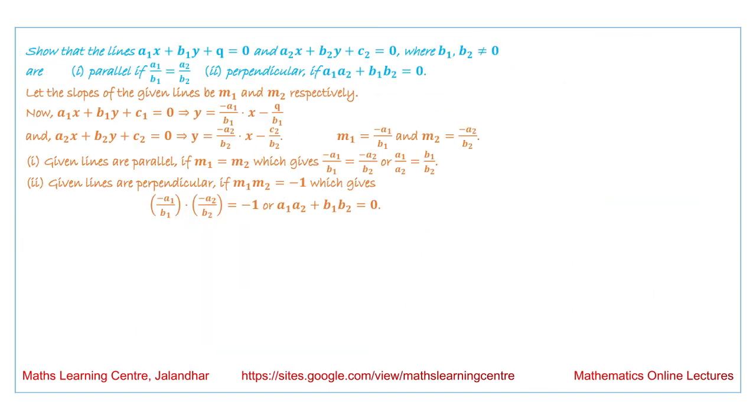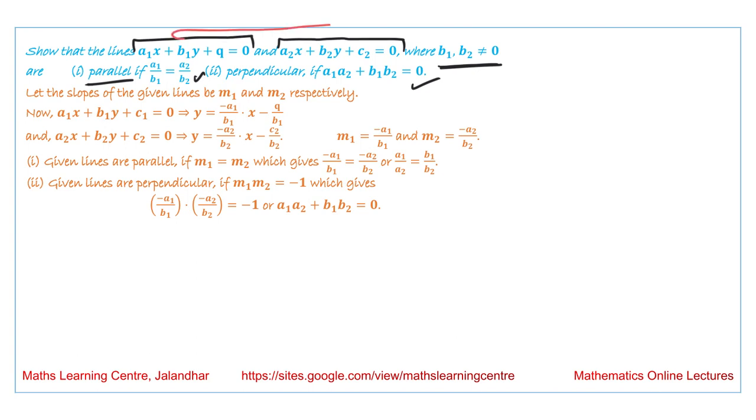Next is, show that the lines, one equation is this, second is this, and it is given that b1, b2 are not equal to 0. We have to prove that they are parallel if they satisfy this condition and they are perpendicular if they satisfy this condition.